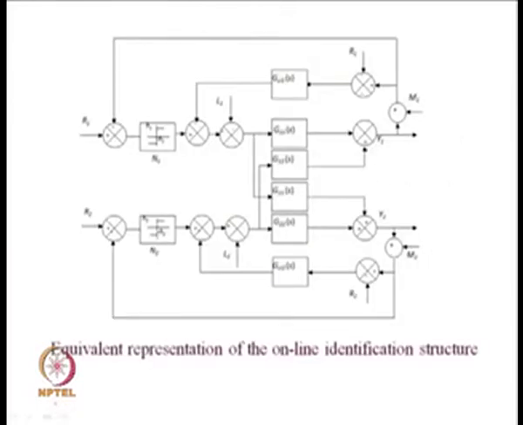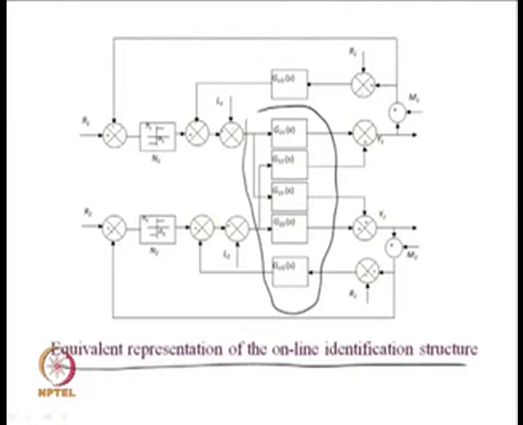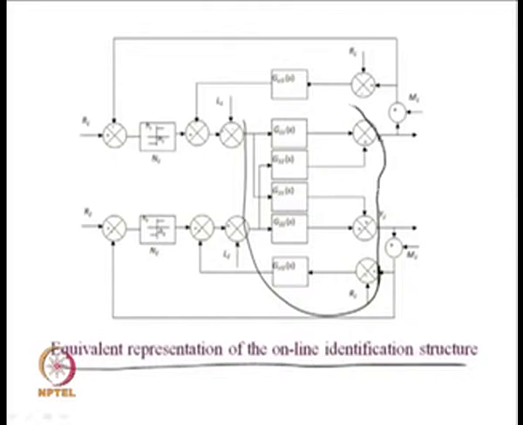Then the equivalent representation of the block diagram for the online identification scheme looks like this, where the relay is basically a TITO system subjected to inner feedback controllers.